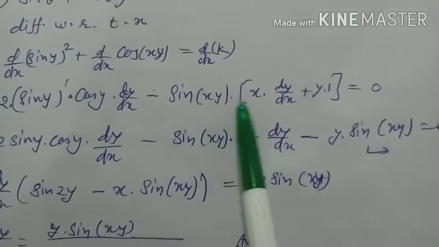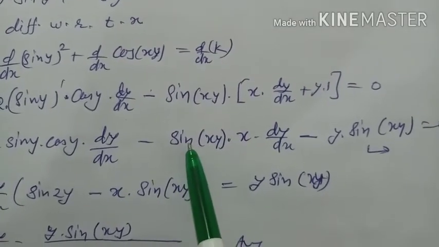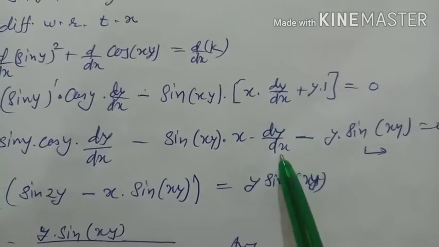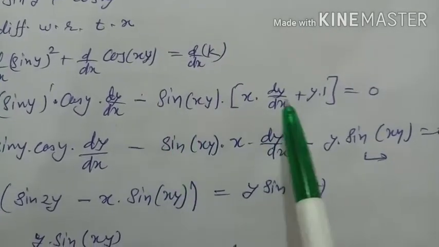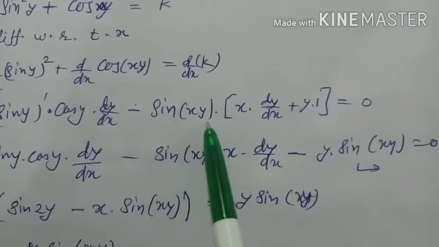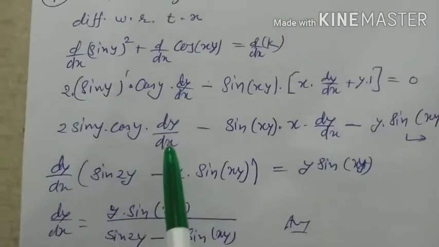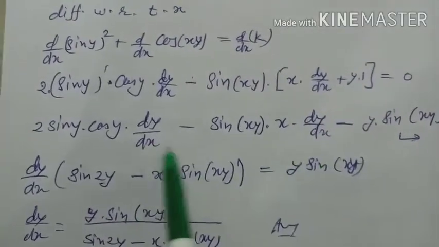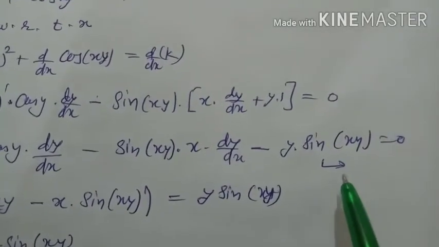Now open this bracket, it means multiplied by minus sin xy. So minus sin xy into x into dy upon dx, and once again this is the minus and this is a plus, so once again minus, and y into sin xy. Now dy upon dx present in first and second term, so this third term transfer into right side.